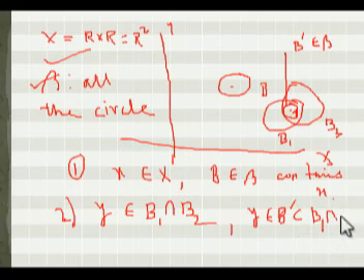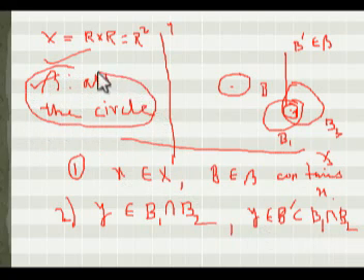So both axioms are satisfied, and this collection beta forms a topology for the two-dimensional set X of real lines.